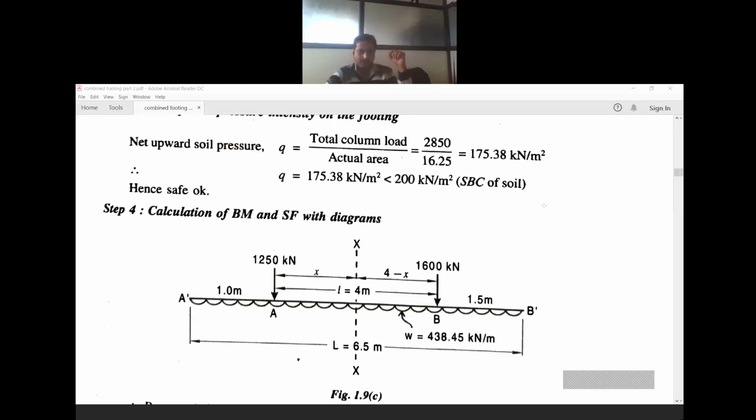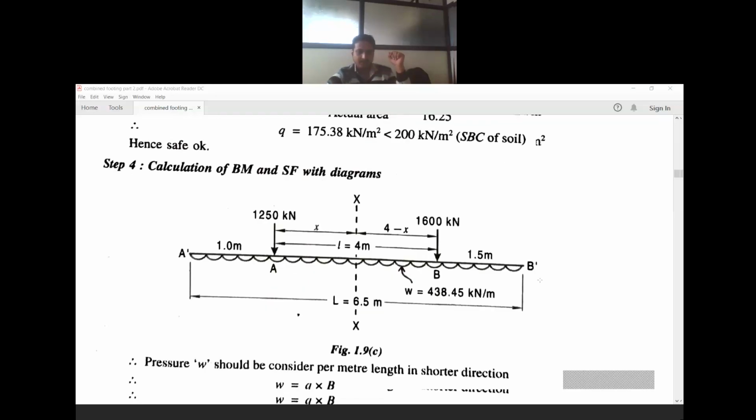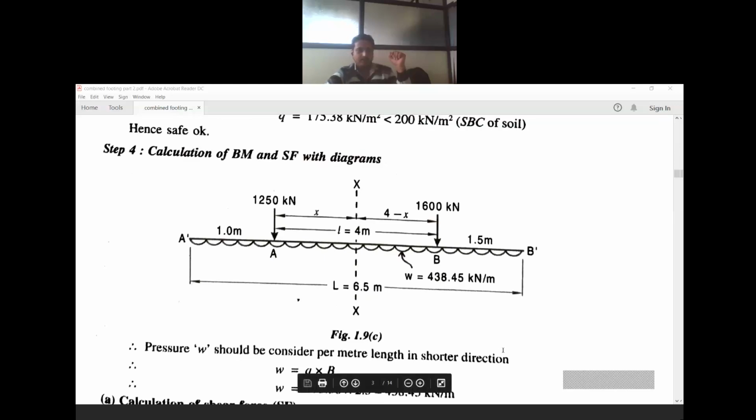After this, we have to calculate shear force and bending moment diagrams. To do that, we shall draw a free body diagram. Your columns are just represented as point loads, column A and column B. You can observe here, this is A and this is B. We have column loads 1250 and 1600 at a center to center distance of 4 meter, overall length 6.5 meter.